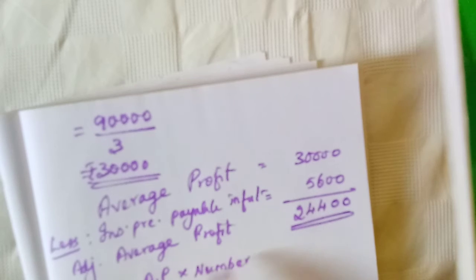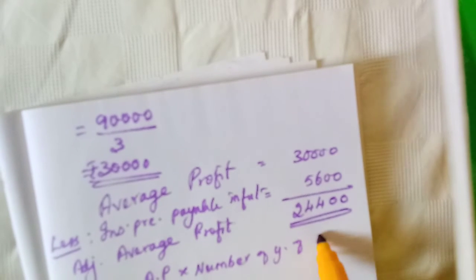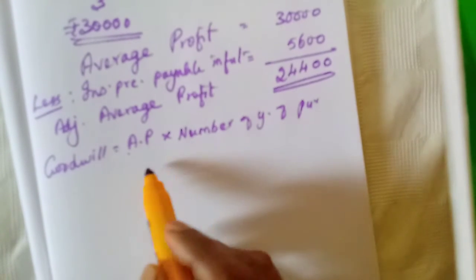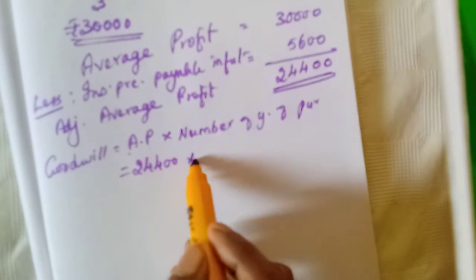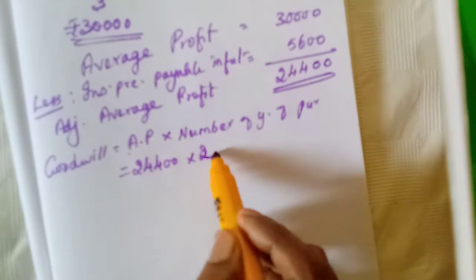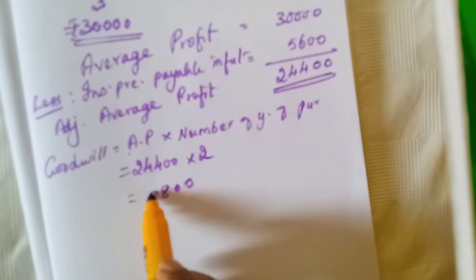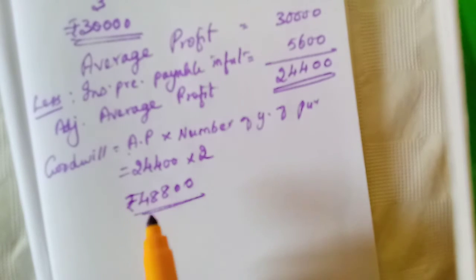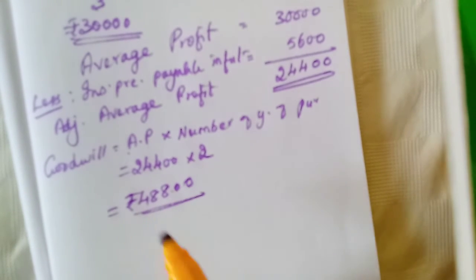You have to write fully, okay? Average profit into number of years of purchase. Average profit is 24,400 into number of years of purchase 2. So 2 4s are 8, 2 4s are 8, 2 2s are 4. 48,800.